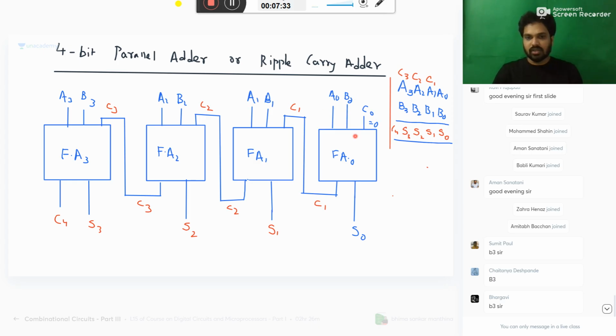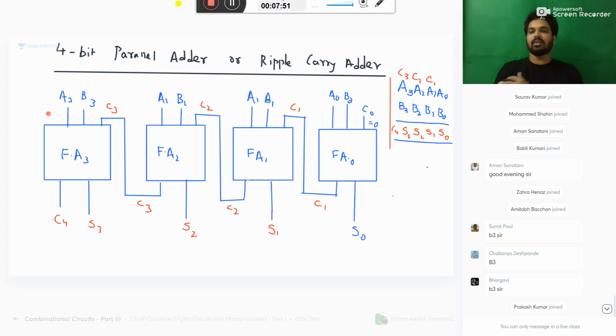It will do the addition, give the carry to the next stage. Then it will perform its addition, give the sum and carry. It will perform this addition, it will give sum and carry. It will perform this addition, it will give sum and carry. Please understand that. That's why carry is propagated from one to another like a ripple. That's why it is called ripple carry adder. Is this point clear?